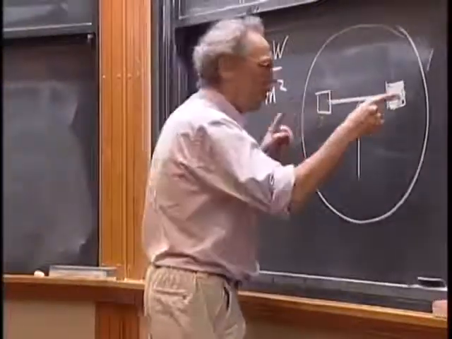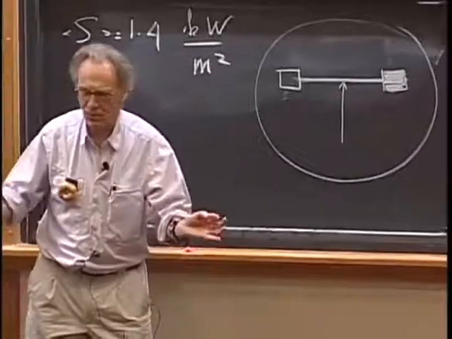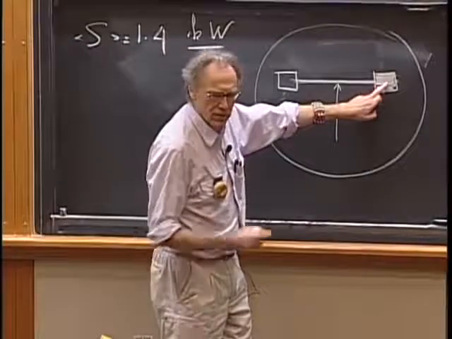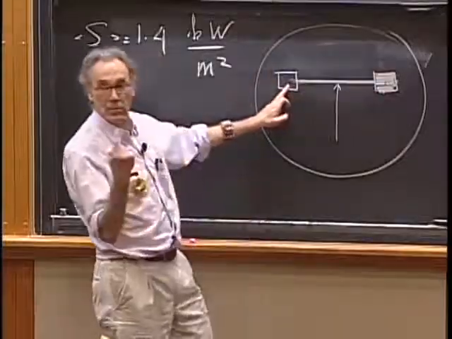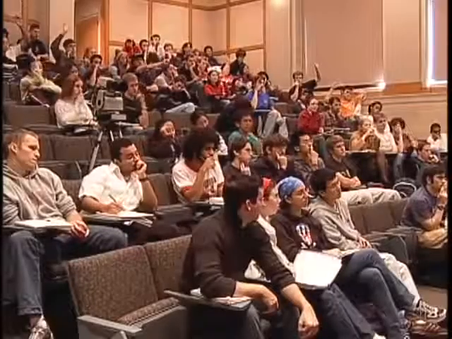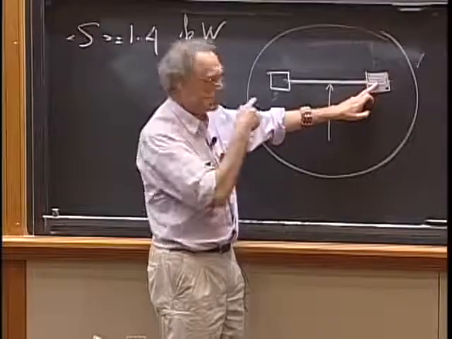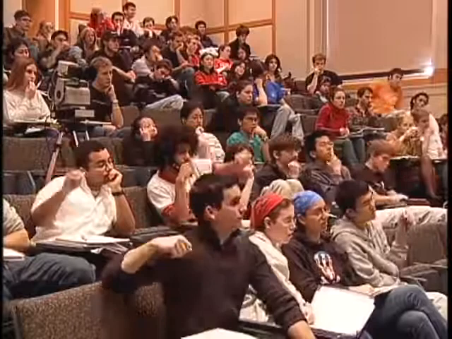Will this go into the board and this come out of the board? Or will it be reversed? So let's have a vote. I first want to know who thinks that this white surface, as it rotates, goes into the board, and that this will come out of the board. Who thinks that, in fact, this white surface will come to you, and this will go into the board? It's about 50-50. It's interesting.